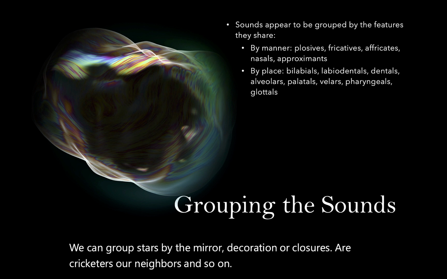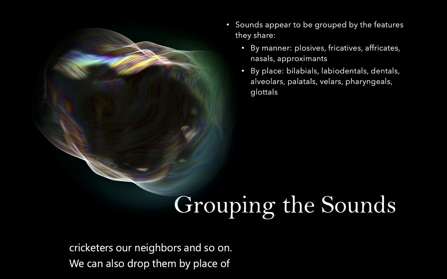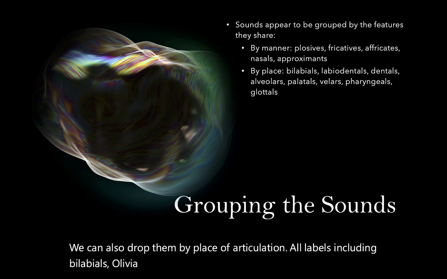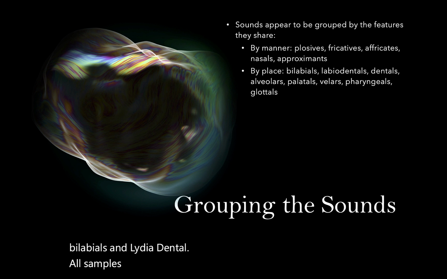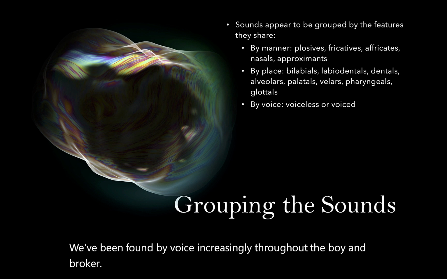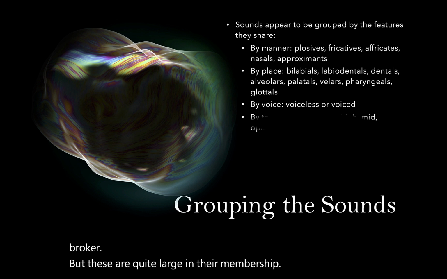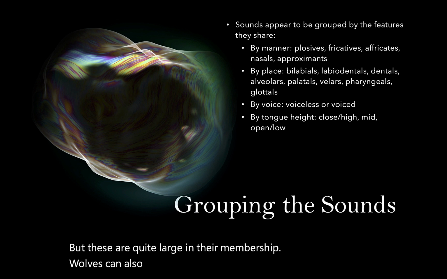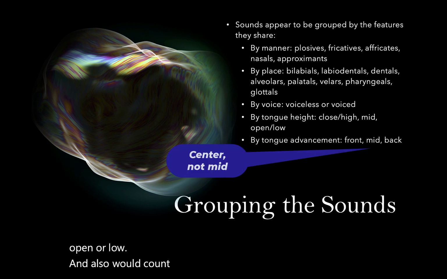We can also group them by place of articulation, all labials, including bilabials and labiodentals, all dentals, all palatals, etc. Grouping sounds by voicing creates only two groups, voiced and voiceless, but these are quite large in their membership. Vowels can also be grouped by tongue height, close or high, mid, and open or low, and also tongue advancement, front, center, and back.